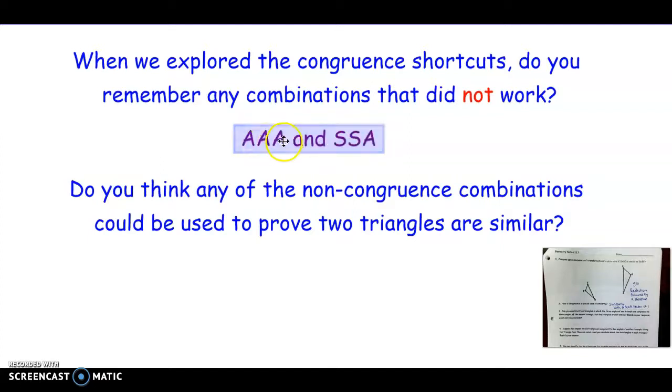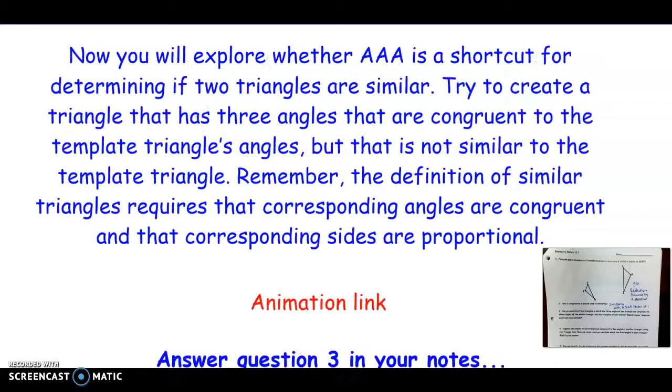So remember, one of them was AAA, and one of them was the backwards cuss word, SSA. So do you think any of these would be a way that we could prove 2 triangles are similar? Even though it doesn't work for congruence, would one of them work for similarity? So we're going to first look at AAA, and we're going to see if it is a shortcut for proving whether 2 triangles are similar or not.